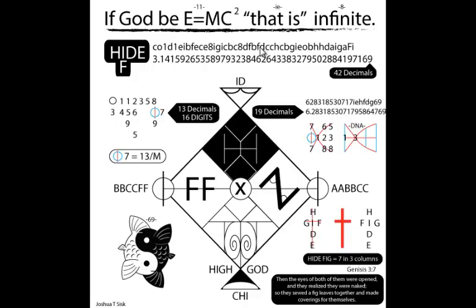It's 2F right there. So if you carry that out, then you've got ID in there, BCCFF, and then I believe this H is in there as well. I need to redo that.